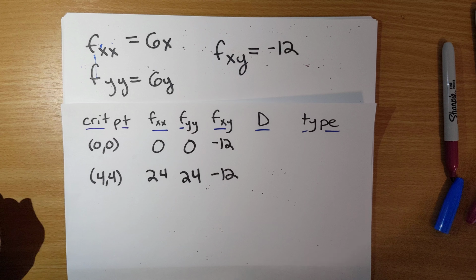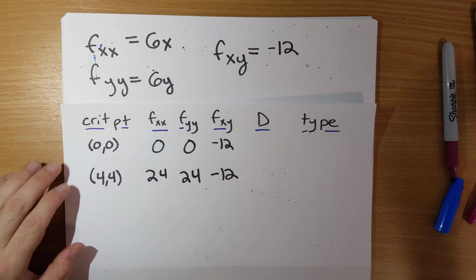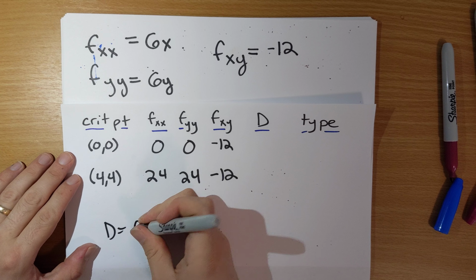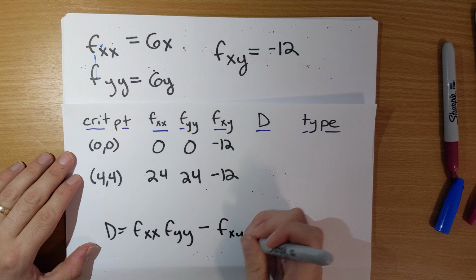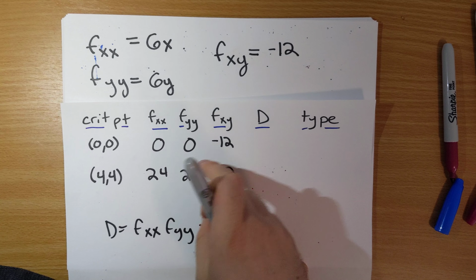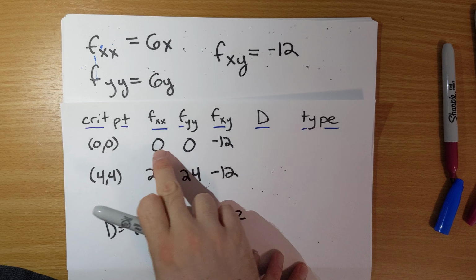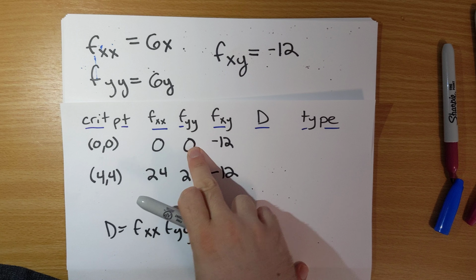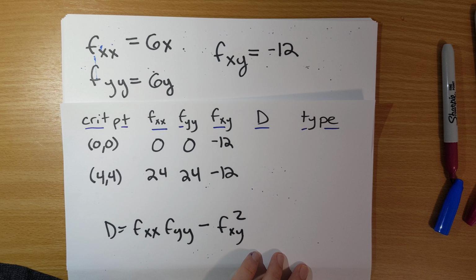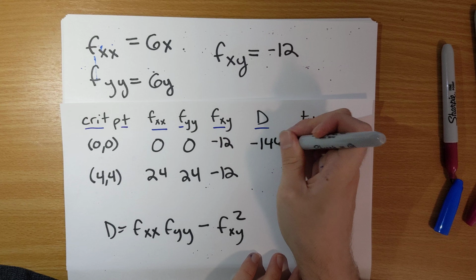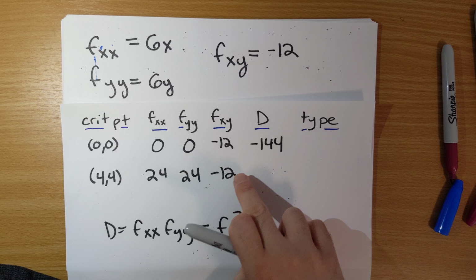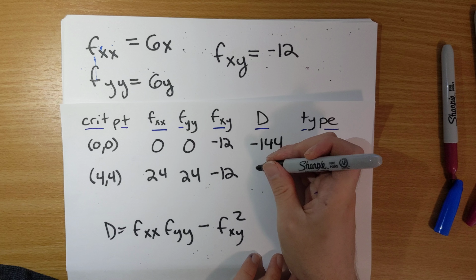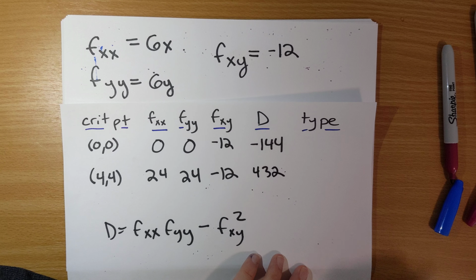Okay, so now we just have to do D. Remember, D is f_xx times f_yy minus f_xy squared. So 0 times 0 minus negative 12 squared is negative 144. 24 times 24 is 576 minus negative 12 squared is 432.